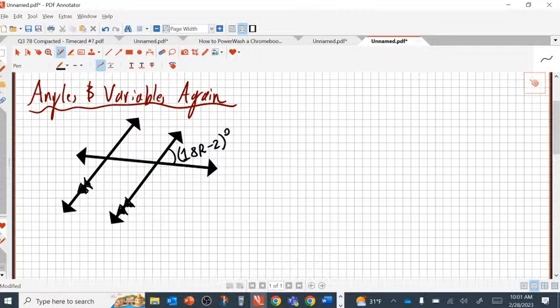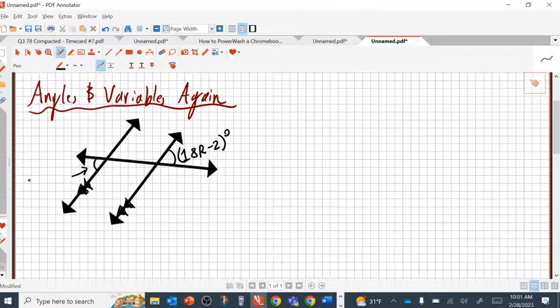And that this angle here is 78, excuse me, plus 2r degrees. So I'm going to tell you right now that I have given you enough information to tell me what r is and the measure of all these other angles.